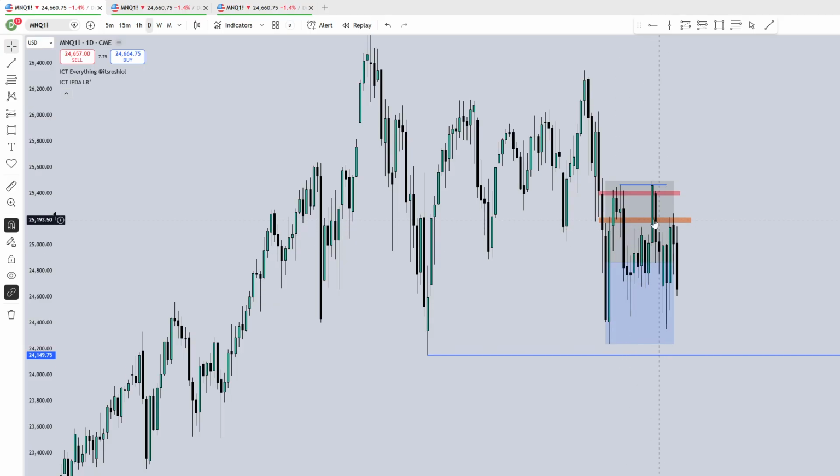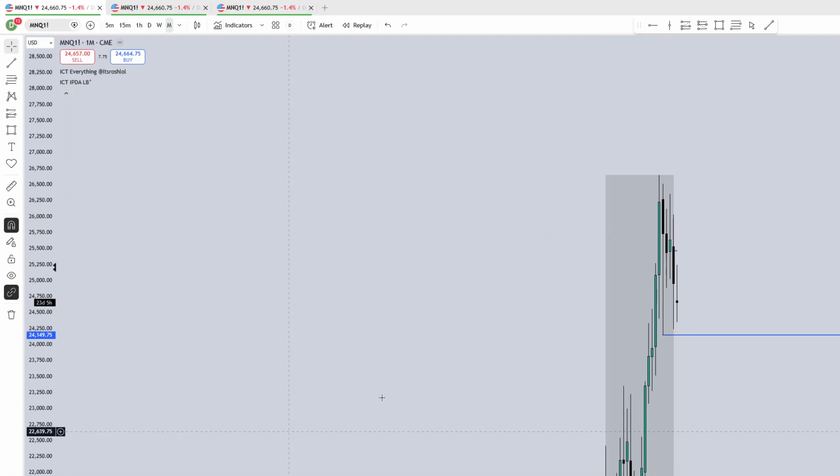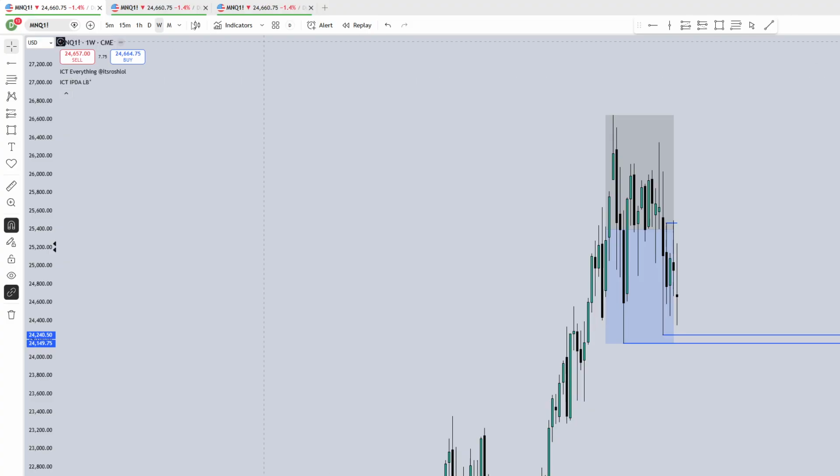So a lot of manipulation going on in here, but now the bodies are starting to turn over and head towards these sell side liquidity pools. And on a monthly chart, that is the monthly sell side, and that is previous month's low. So we'll mark that too.